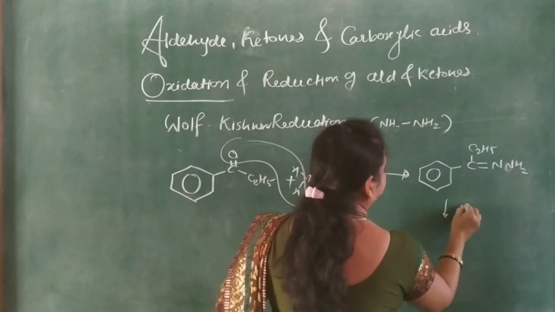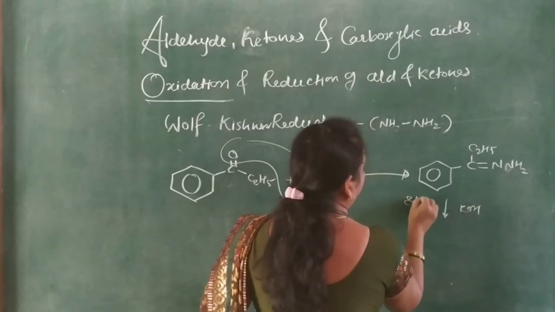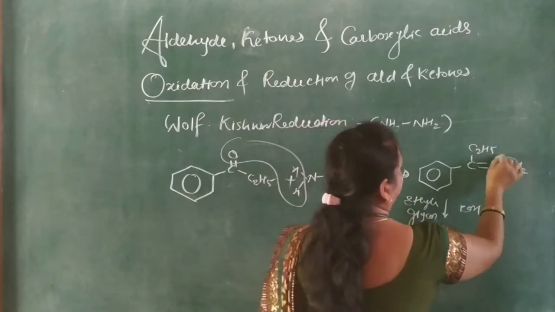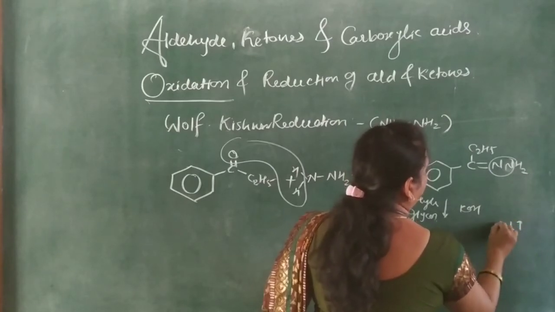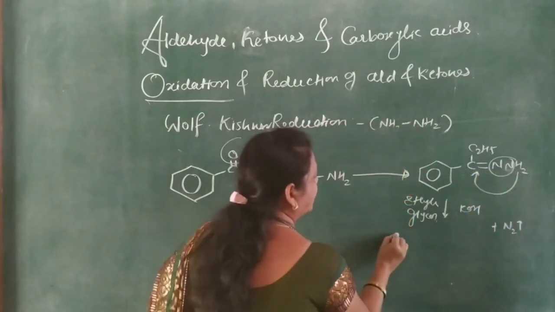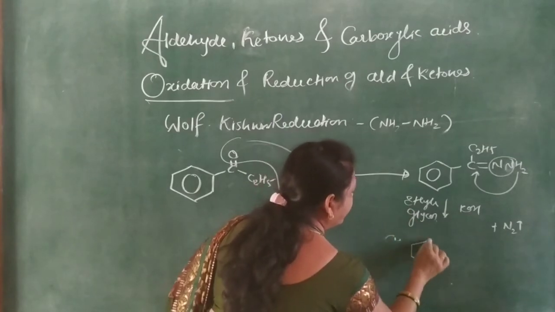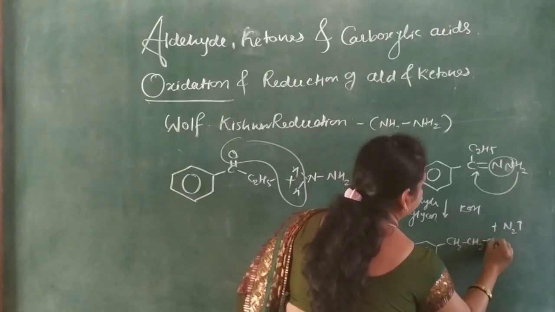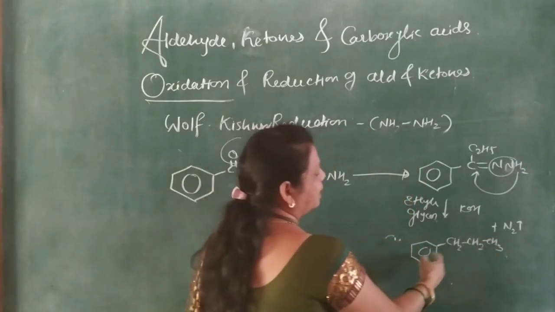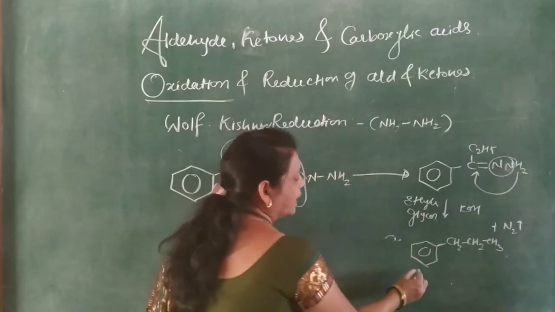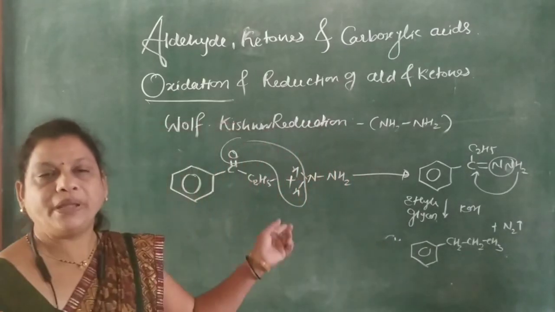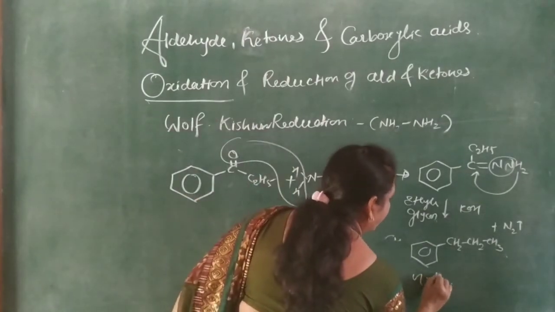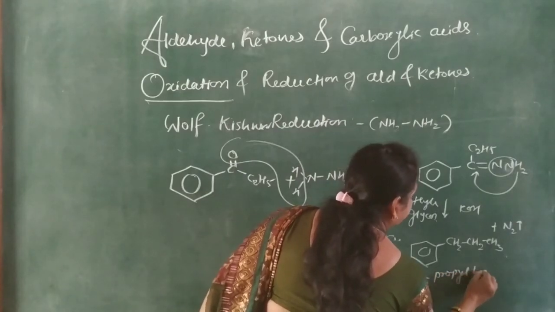Which on reaction with alcoholic KOH and ethylene glycol, N2 gets evolved. And the 2 hydrogens combine here to form the phenyl group combined with CH3, CH2, CH2, that is phenyl and propyl. So here N-propyl, phenyl N-propyl, or it is called N-propyl benzene.